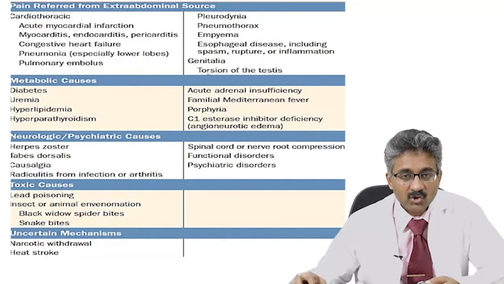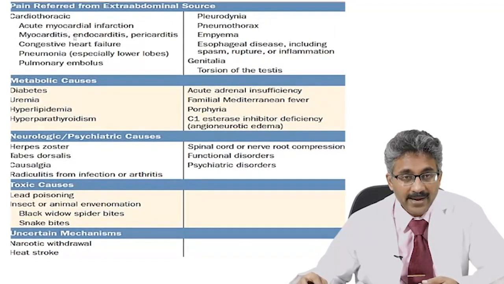Then genitalia: torsion of the testes. Here the pain can be referred to the abdomen. One important feature of the pain referred from other sources to the abdomen is that referred pain from thoracic causes will reduce with taking a deep inspiration.